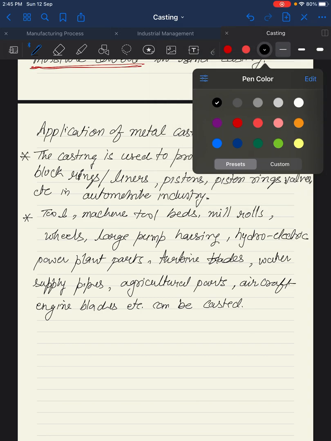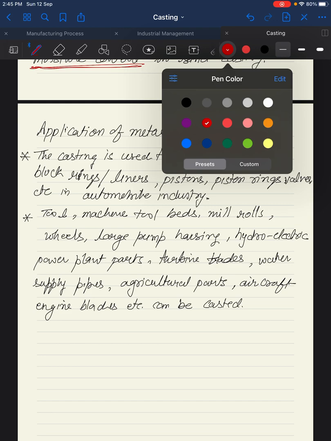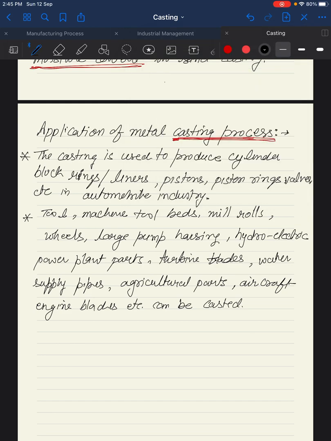So there is hardly any area where the casting process is not producing parts for it. Okay, so casting is one of the most important processes in the modern or conventional industry. You cannot deny the importance of casting process.